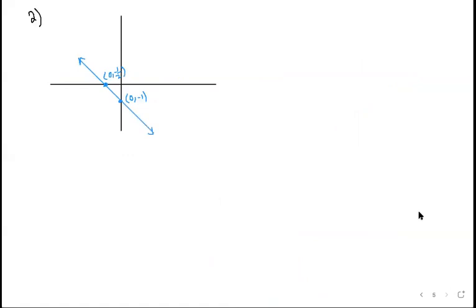So now let's go to finding an equation of a line. Let me give another example. Example number 2.